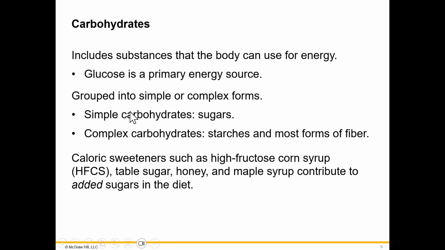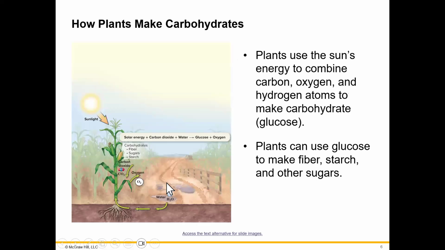Carbohydrates are grouped into two major categories. You have simple carbohydrates, and then you have complex carbohydrates, which get further broken down into starches and fibers and other types of complex. We also have high fructose corn syrup, which we'll be talking about later on, and other forms of carbohydrates.